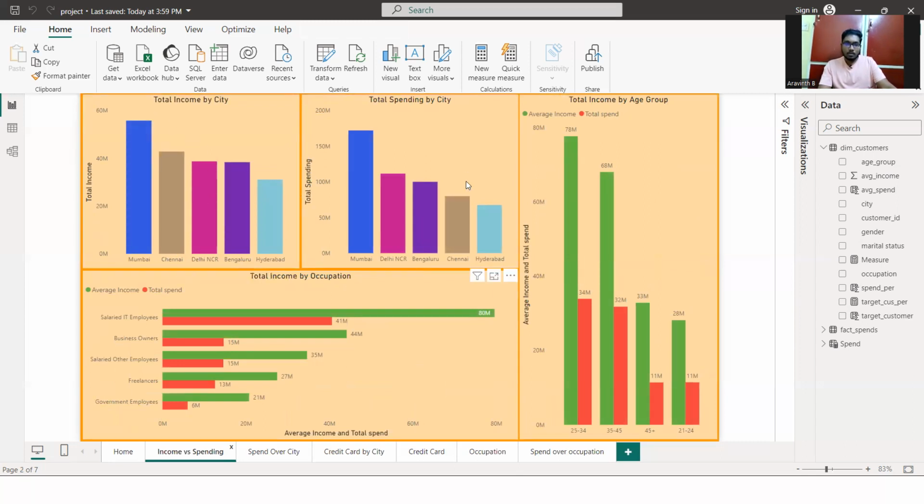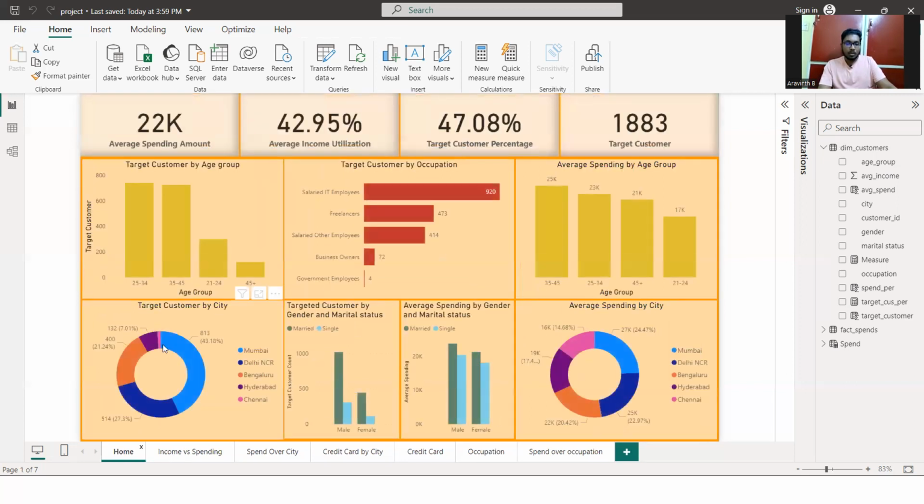But in spending it comes around fourth place, and in target customers it comes in last place, right? So the potential of customers in Chennai is huge, but in our data set the low customer range is available in Chennai only. Targeted customers are low in Chennai only. So it's a recommendation for the strategy team to make a good plan for this geolocation based on the research.